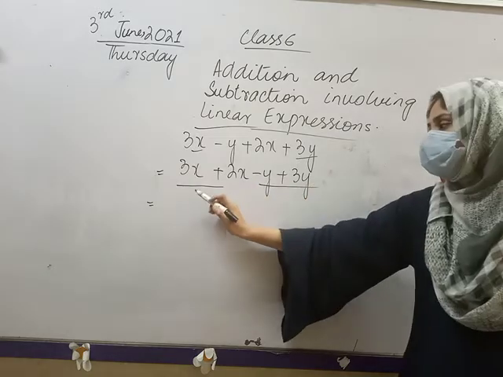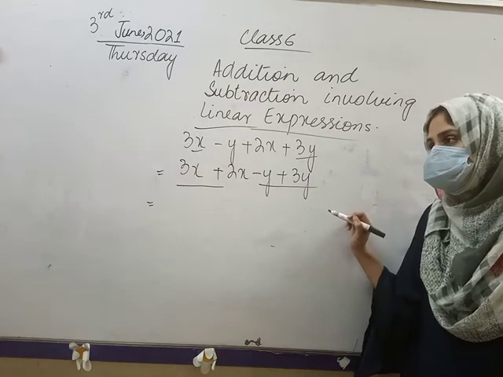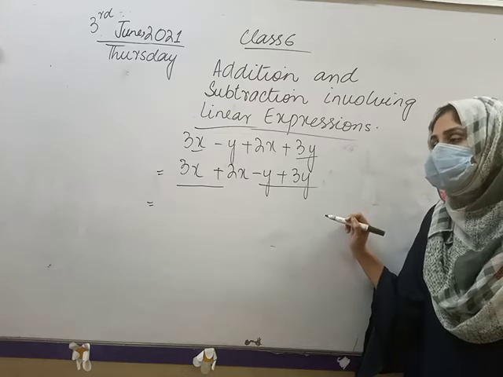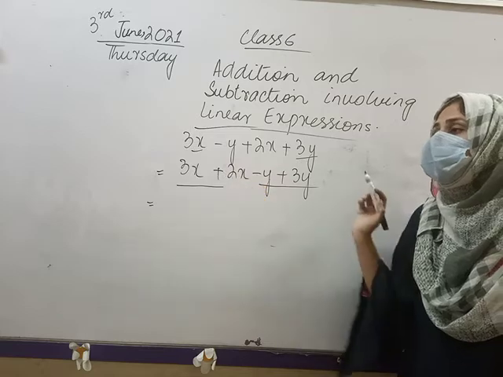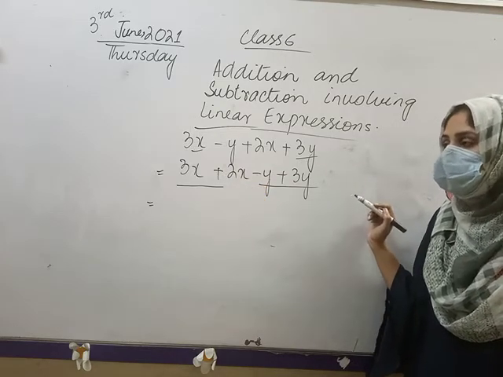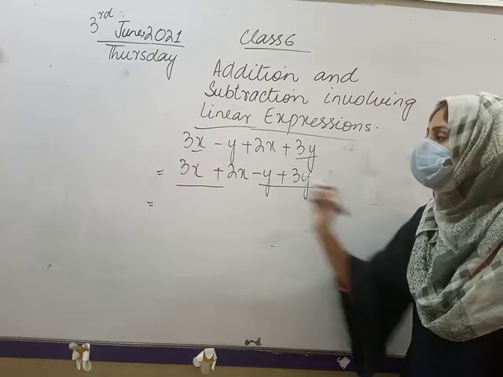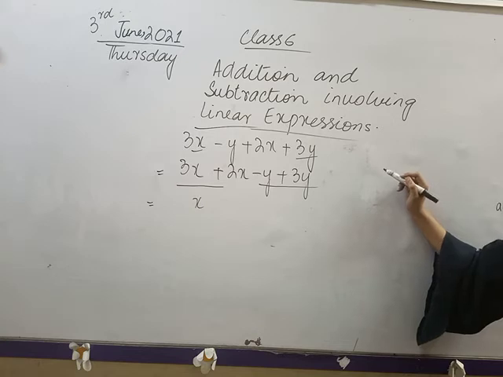So in the first pair you have 3x plus 2x. In this pair both variables are the same. When both variables are the same, we will write the variable only one time. So we will write x here as it is. Fine.